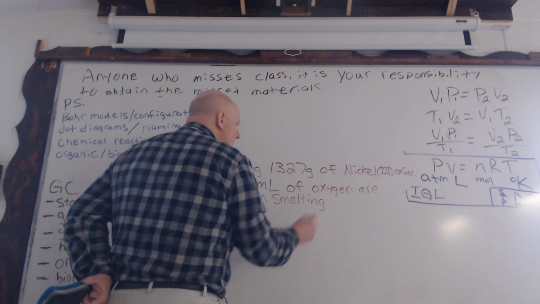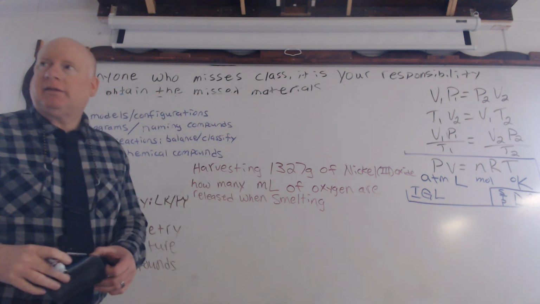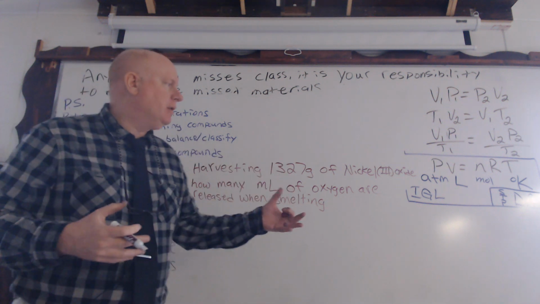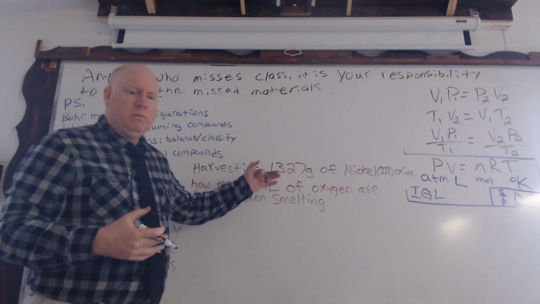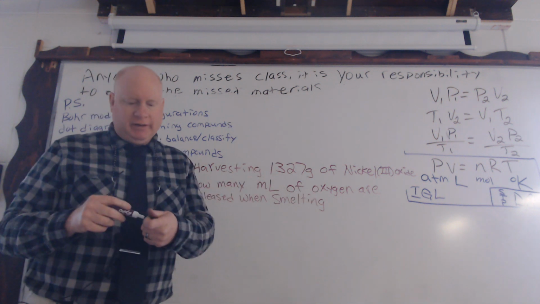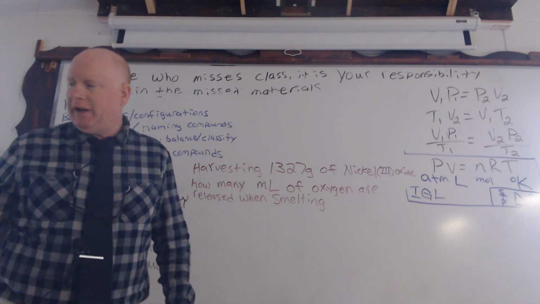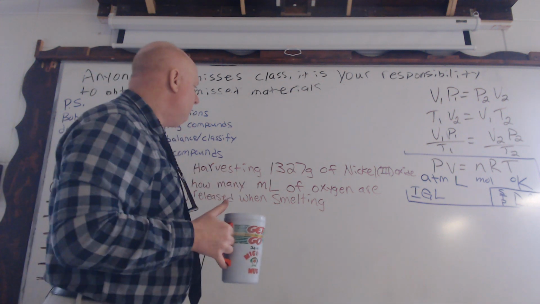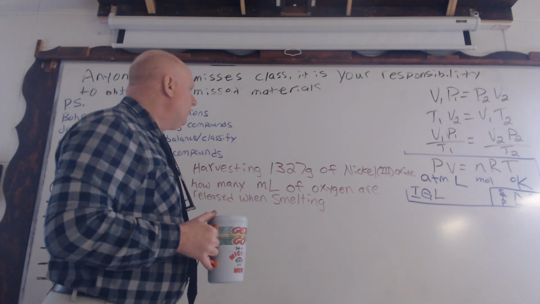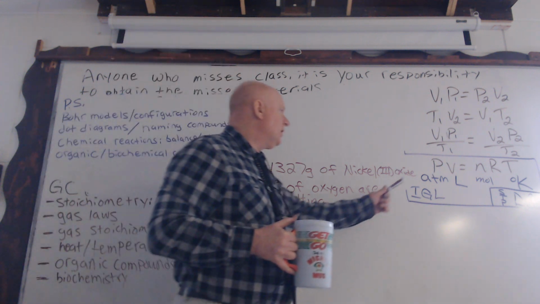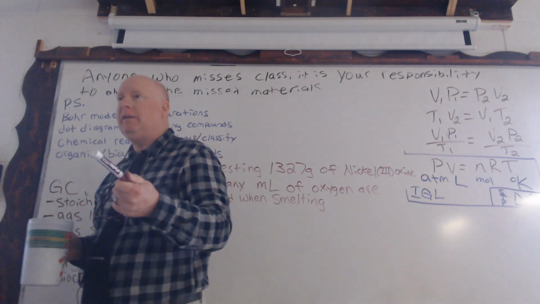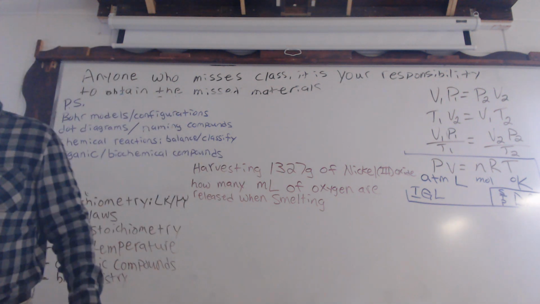So what that means is you're taking this, yes, you're essentially burning so you can separate the oxygen from the nickel. So however, whatever size that is, depending upon how dense nickel is, maybe it's the size of this mug here. Now, we need to be a little more specific because of all these variables here. You can make this as simple. You want it at STP. Yeah, and that's fine. Okay.